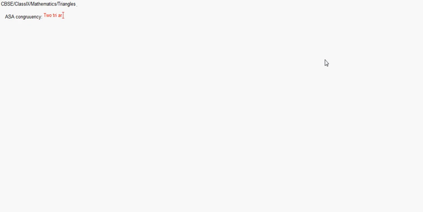kindly take these short forms. Two triangles are congruent if two angles and the included side, that's the most important part, not any side, it has to be the included side of one triangle are equal to two angles and the included side of the other triangle.